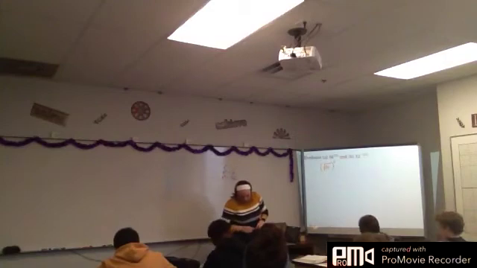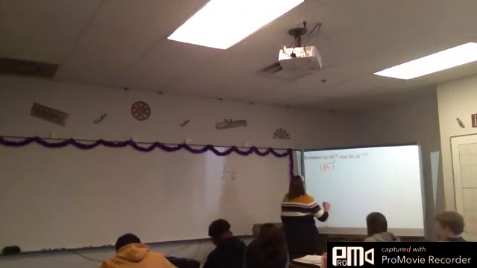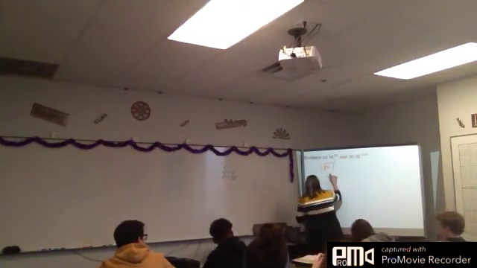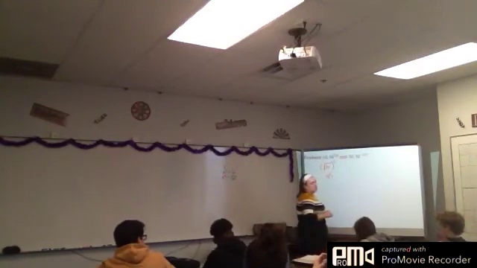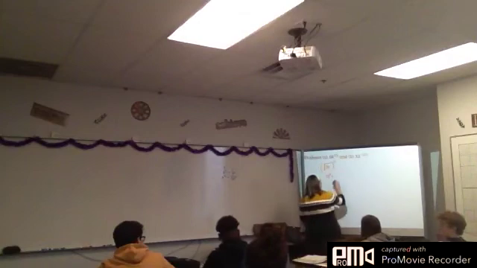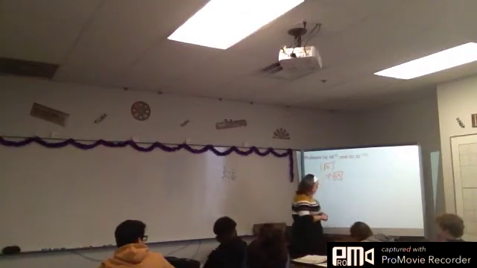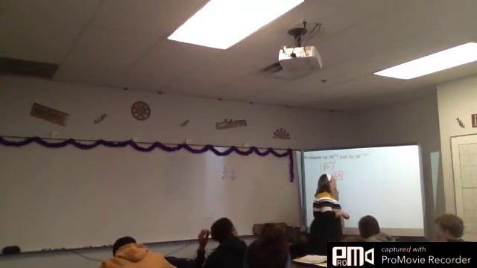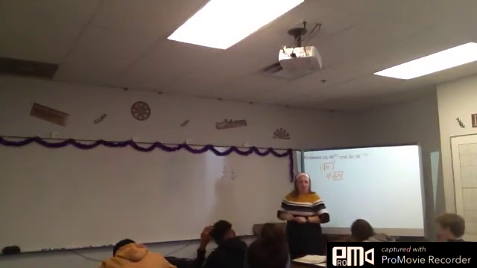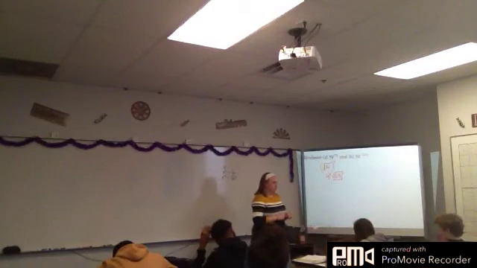So what is the square root of 16? 4. And then what is 4 cubed? 4 times 4 times 4. 64. And then that would be my answer. Cool? How do I do 32 to the negative 3/5? What do I have to do first? Flip it.